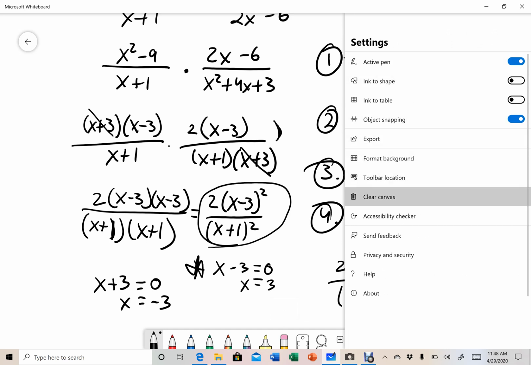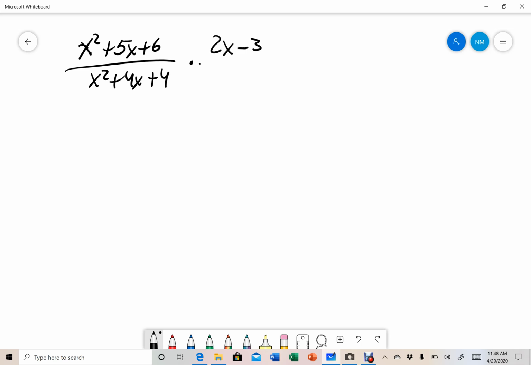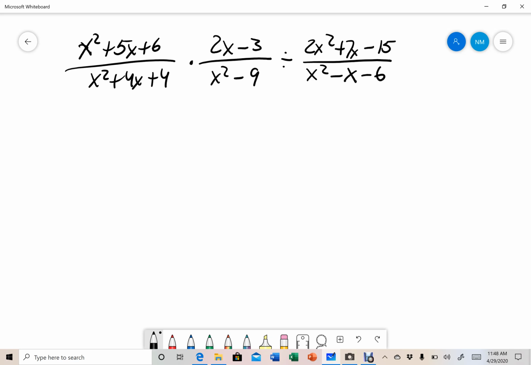Okay, so let's look at another one here. All right, so we're at 11.4c. Okay, so I've got x squared plus 5x plus 6 over x squared plus 4x plus 4 times 2x minus 3 over x squared minus 9 divided by 2x squared plus 7x minus 15 over x squared minus x minus 6.